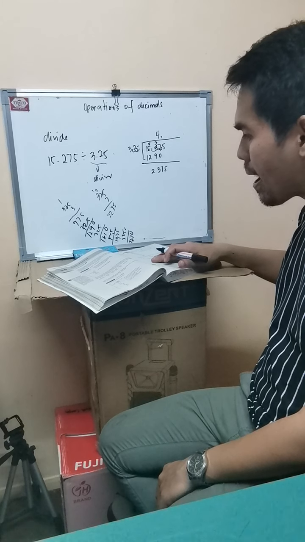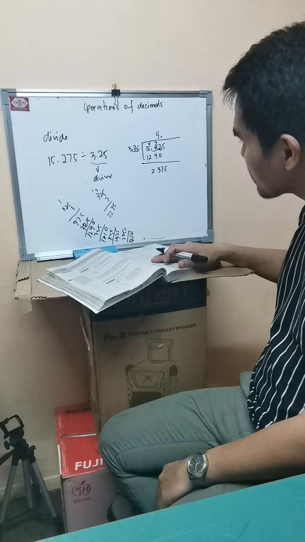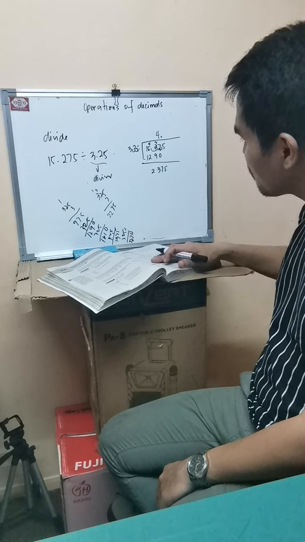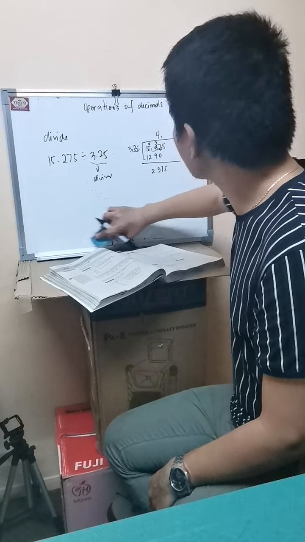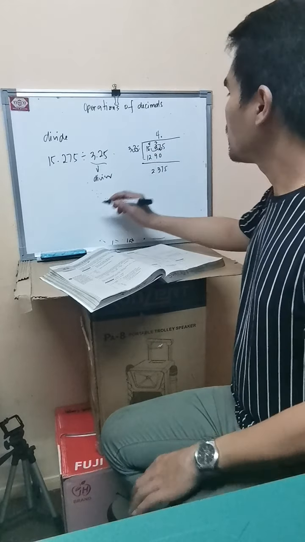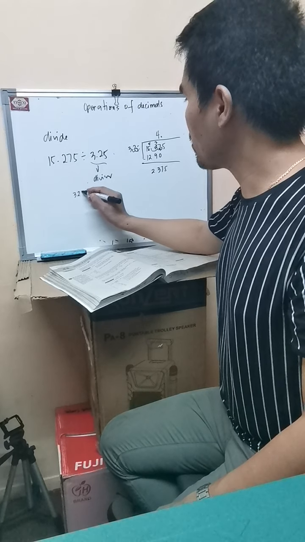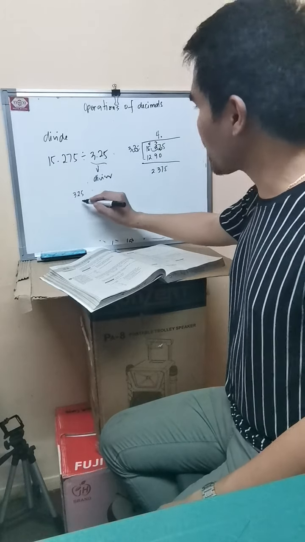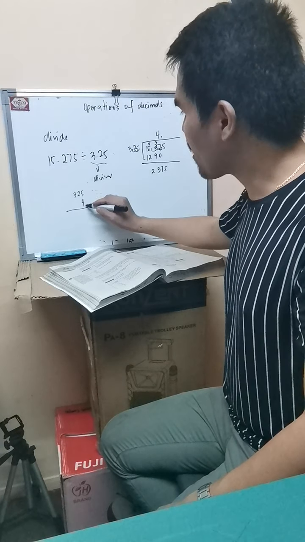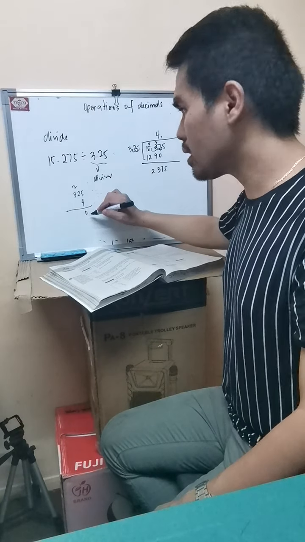Wait, I think there's something wrong. Let's review first our solution. I think there's something bad here. 325 times, we said 4, let's multiply it properly, times 4. That is 5 times 4, that's 20, carry 2.